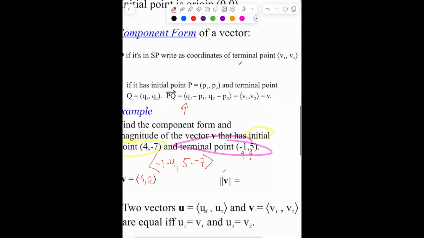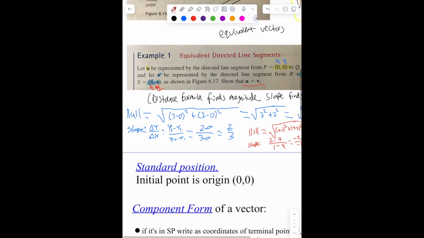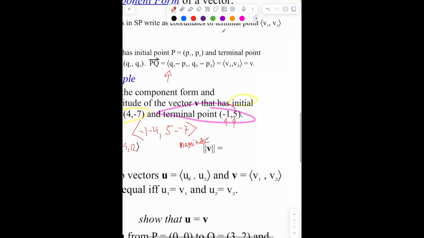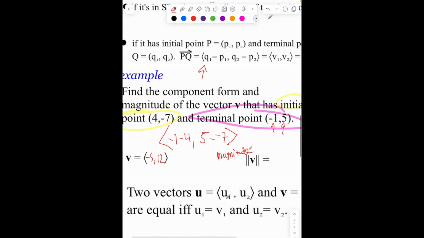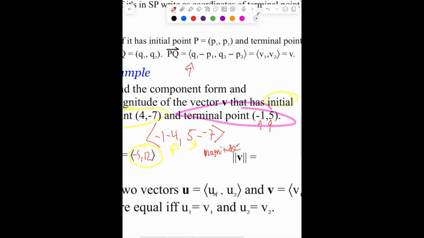Now, to find the magnitude, that's what this symbol means, we have to use the distance formula. Just plugging in what I know. Now I have an x2, y2, x1, y1, but I've already done that subtraction. We can see right here, we've already done that. So I'm just going to take my component form and plug it right in.